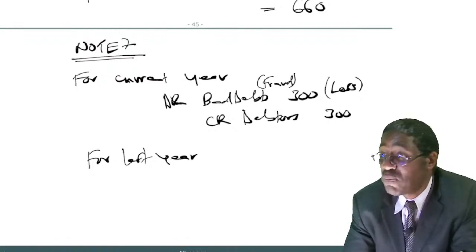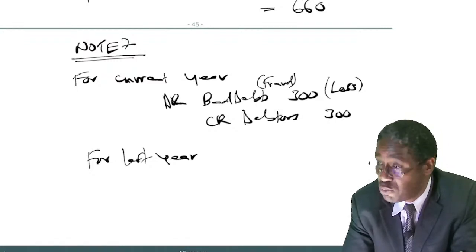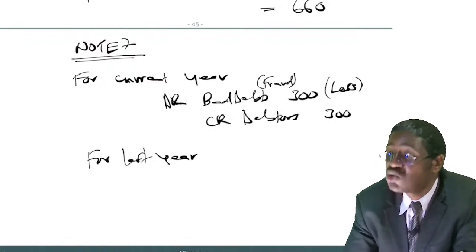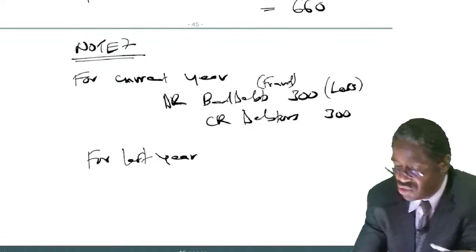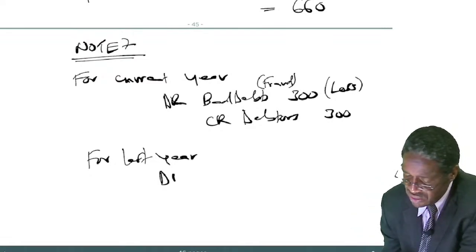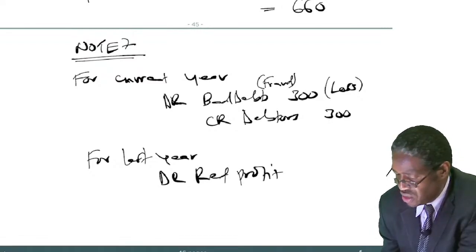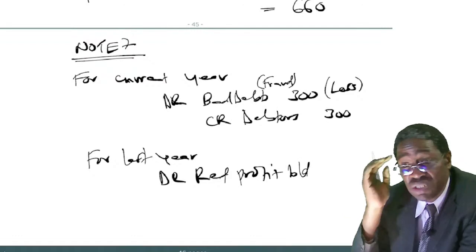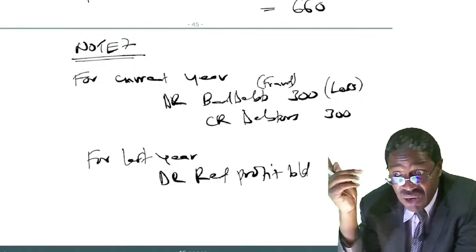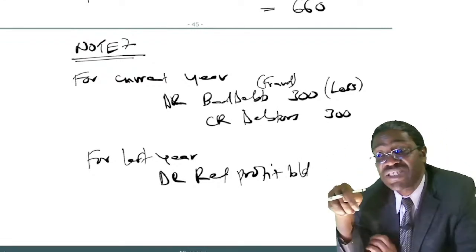And to reduce a profit, I have already told you profit is always a credit balance. To reduce it, you debit. So we shall now debit retained profit brought down. Remember, it was for last year carried down. Now we are correcting it this year.